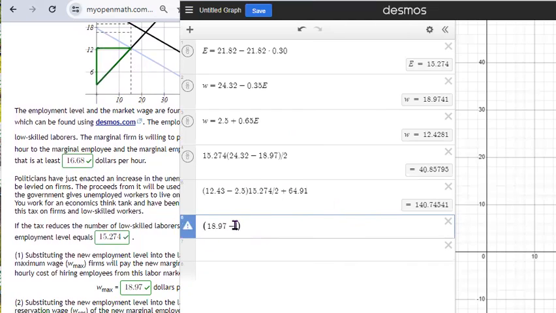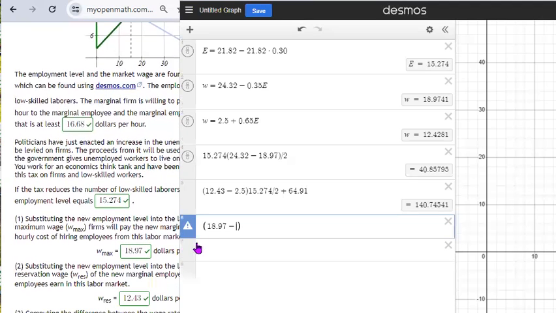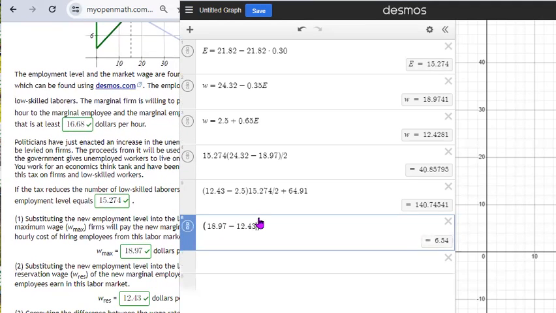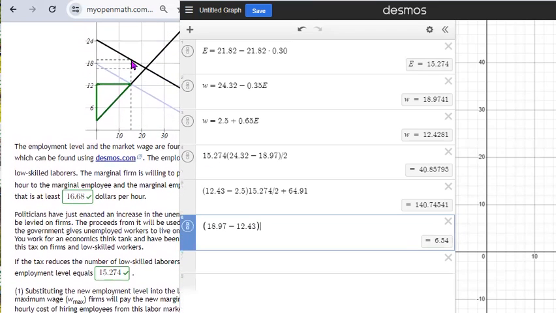And from that, you're going to subtract the reservation wage of the migrant worker with the highest reservation wage. And that is 12.43. And so that's the height of the triangle that is formed by this dashed line and this part of the labor supply curve and that part of the labor demand curve.